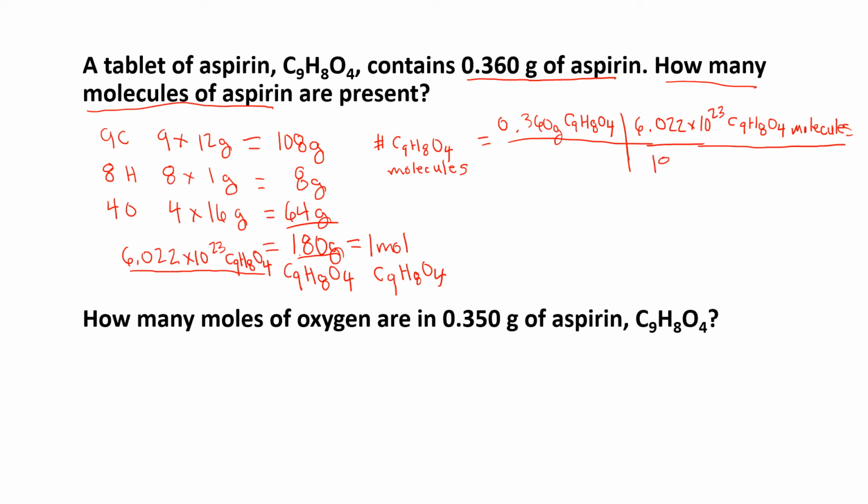I want to get rid of grams, so I write the 180 grams of C9H8O4 on the bottom, so that grams cancels with grams, and when I carry this calculation out, I get 1.20 times 10 to the 21 C9H8O4 molecules.